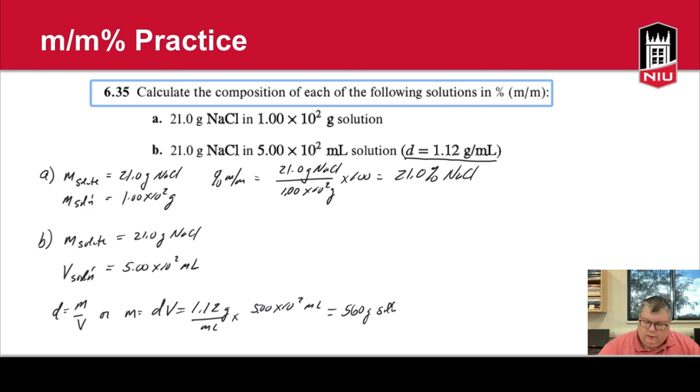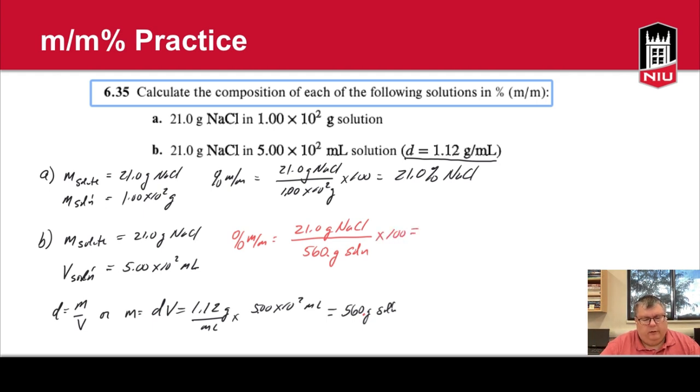So now I'm going to change colors so that we can follow through here. Percent mass to mass is equal to the 21.0 grams of NaCl over now the 560 grams of solution. That should be 560 with a decimal point. Times 100.